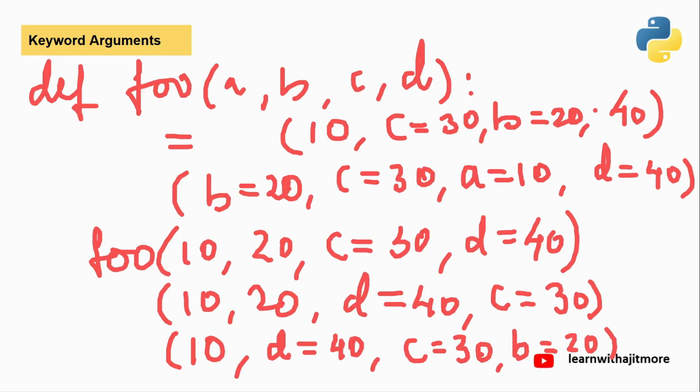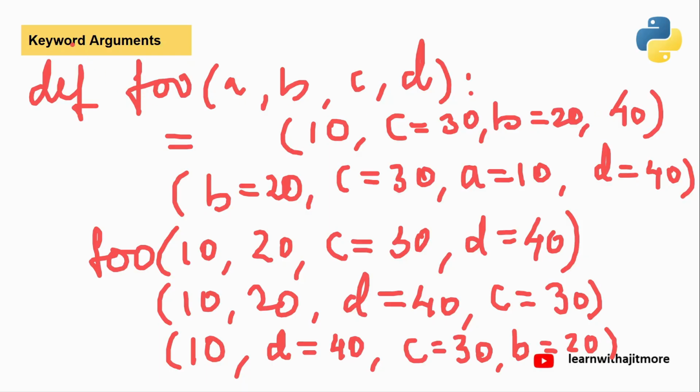Not allowed. Why? Because the correspondence may go wrong. Here 40 is with D, but you might have already used D, because for keywords the order doesn't matter. So the rule is once you start giving keywords, all should be keywords.